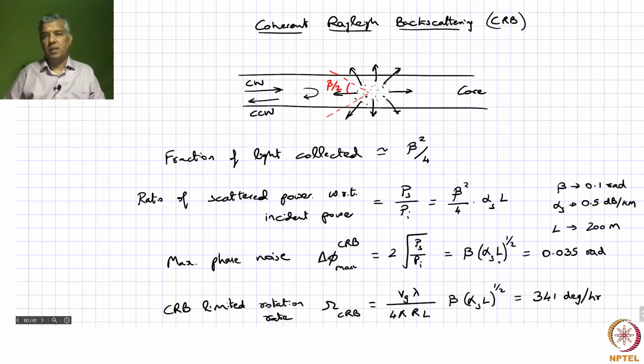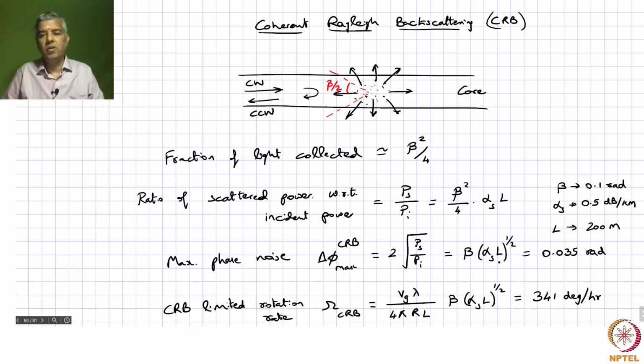Now, of course, a coherence length of 200 meters is something that you see only in special single longitudinal mode lasers, like a DFB laser. So what this tells you is that you should certainly not use a DFB laser in this sort of a scenario.